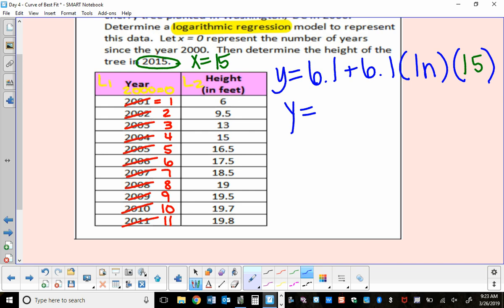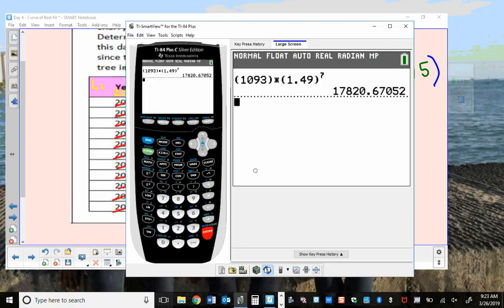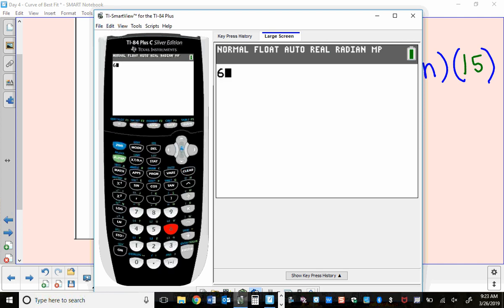Does it get anything yet? I'll type it in mine too. So we had 6.1 plus 6.1 times ln. Remember your ln is right beside the 4. And then we're doing times 15.